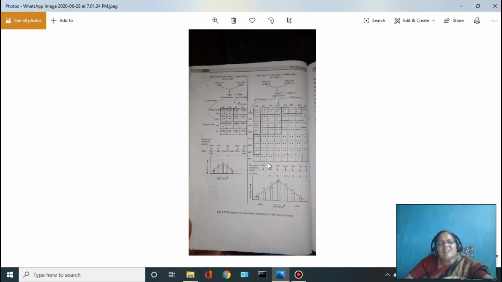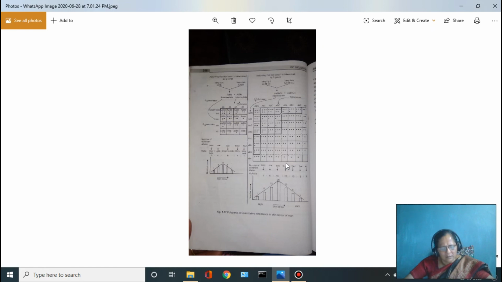Next, 15 individuals having 4 alleles in the dominant form are called dark. 20 individuals having 3 alleles in the dominant form and 3 alleles in the recessive form are called mulatto.